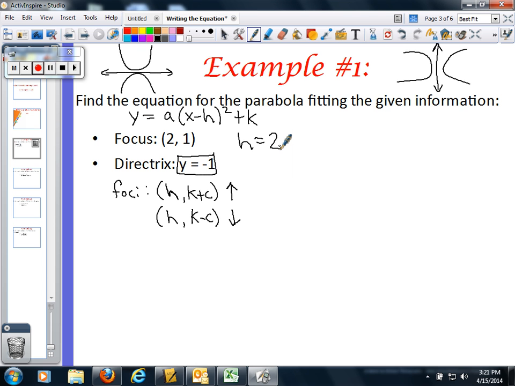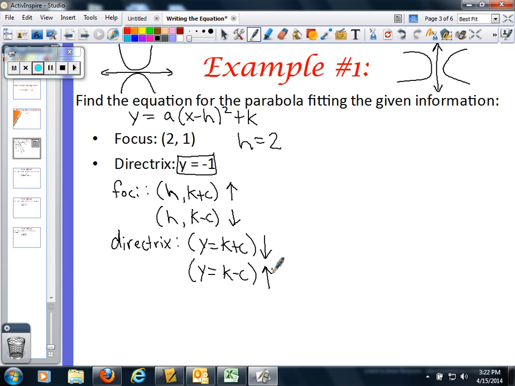Now, what else do we know? Well, we know that the directrix, okay, if it opens up, it's y = k - c. And if it opens down, it's y = k + c. Oh, I actually did that backwards. This one is opened down. This one is opened up. Okay?